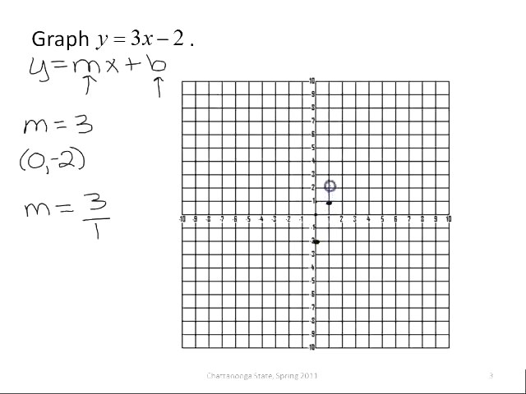Then I could do the same thing again. Rise 3, run 1. Rise 3, run 1. And I can get a whole lot of points very easily.